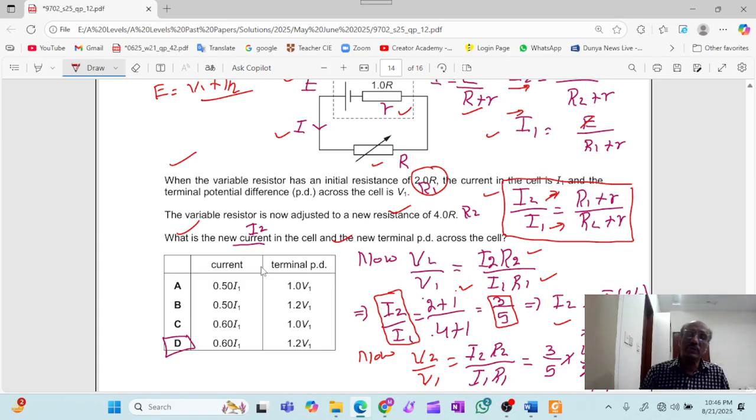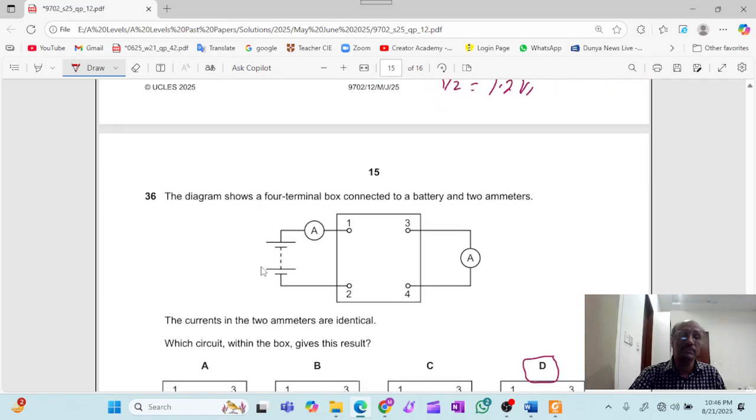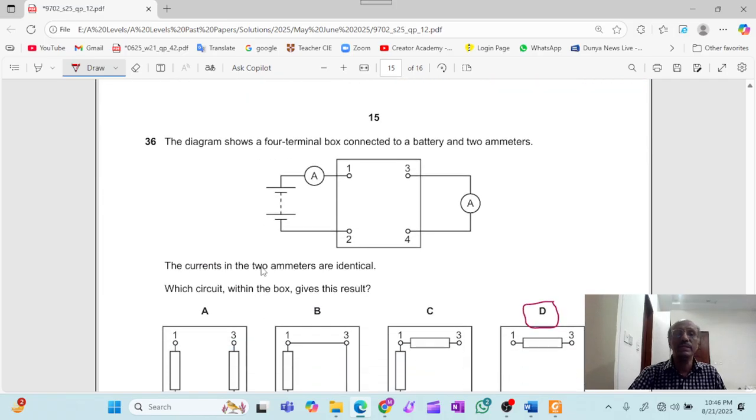I will use this formula in order to calculate I2, and by using this value of I2, I will again substitute and then I will get the voltage. So 12 divided by 10 gives us 1.2. So you have to solve this question by making the formula, then substituting, then resubstituting the value in the voltage as well.